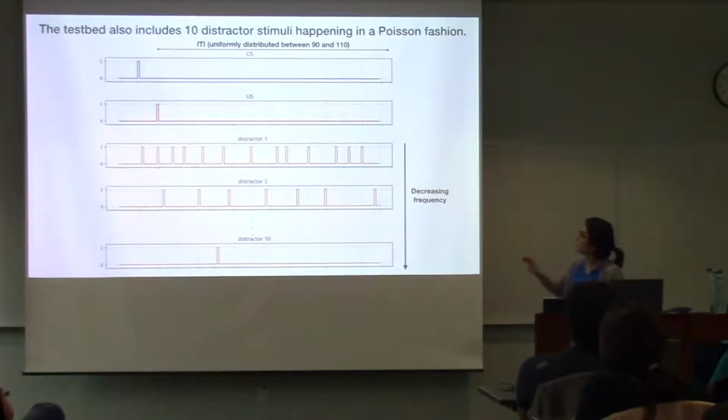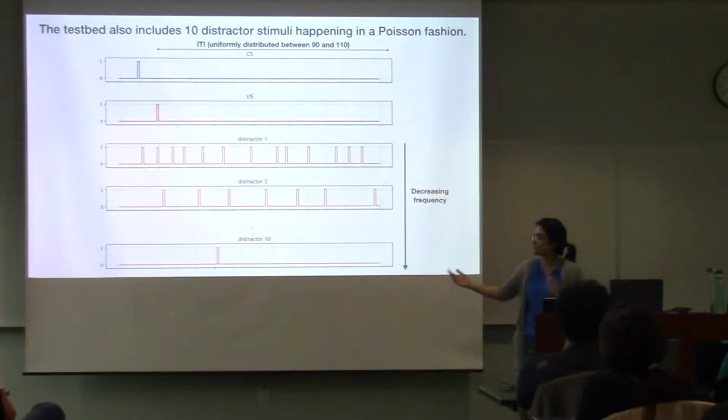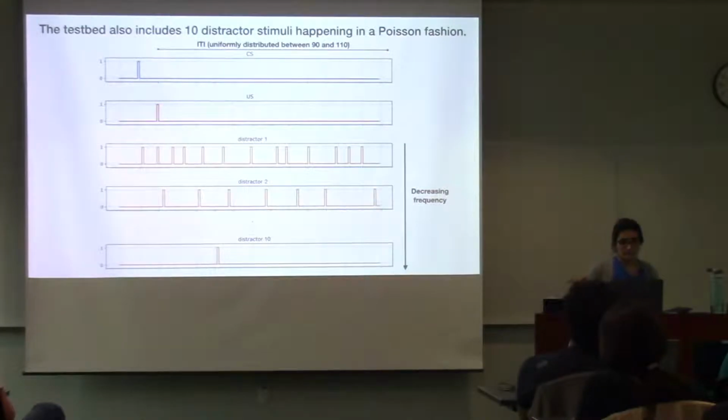And as I said, we have 10 distractors. They have a decreasing frequency, meaning that the first distractor happens more often, the next happens less often, and the last one happens least often.